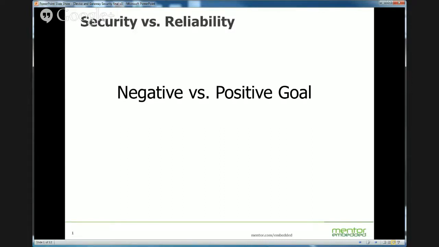So if you look at it, negative versus a positive goal, security is hard because it is a negative goal, and a negative goal just inherently is harder. What does that mean? Well, in the reliability domain, if there's a 1% chance of something going wrong, that could be okay. That could meet the design spec. I'm not suggesting everybody design their products with a 1% chance of things going wrong.